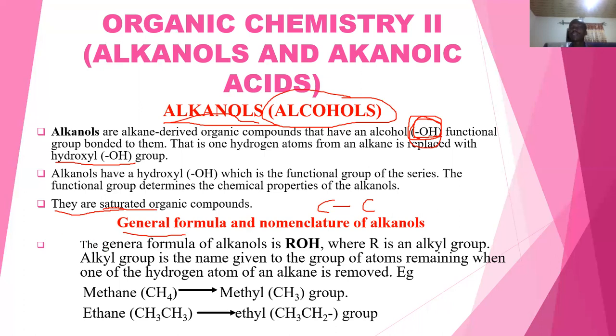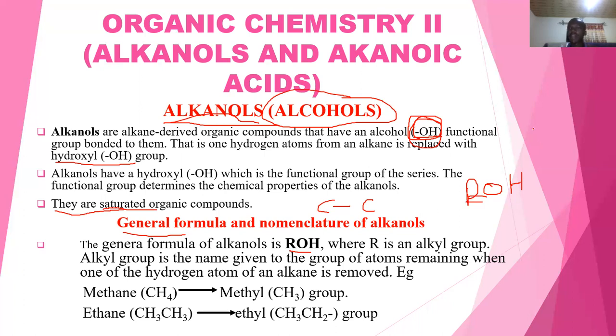The general formula for the alkanols is ROH, where R is the alkyl group, and the alkyl group comes from the alkanes, where one hydrogen atom has been removed.